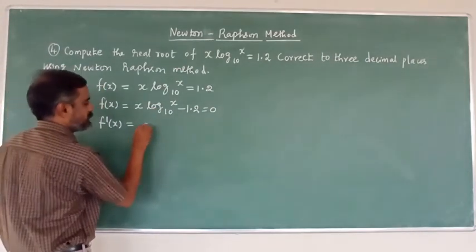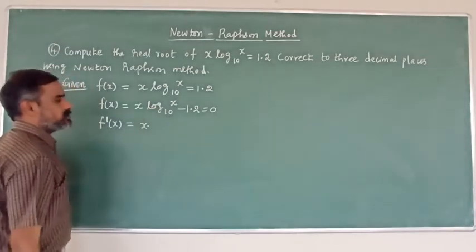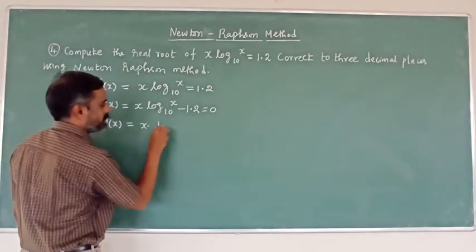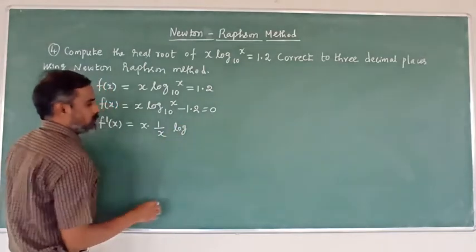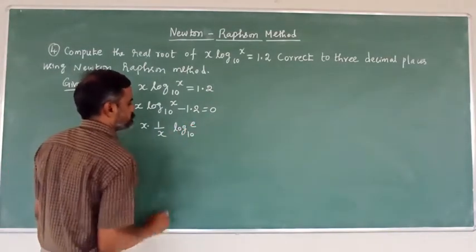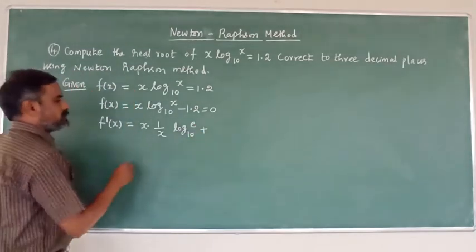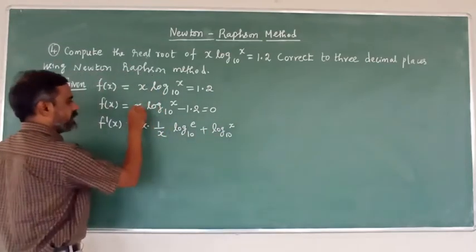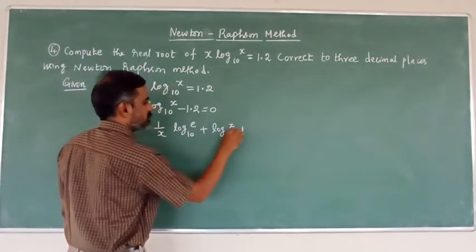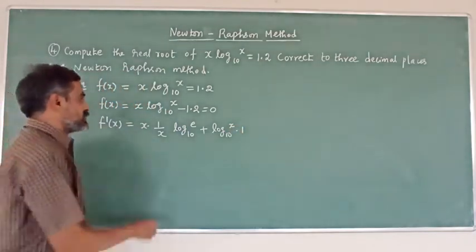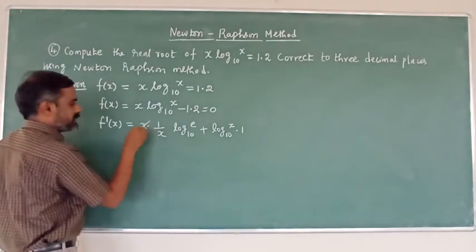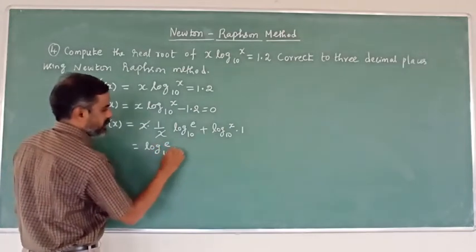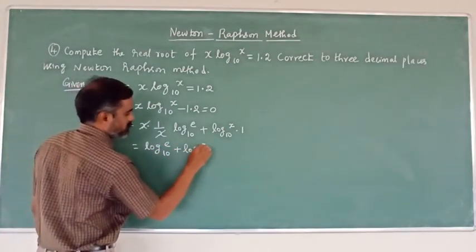Now fix x constant and differentiate log₁₀ x with respect to x, so we get 1 divided by x times log₁₀ e, plus we take log x constant and differentiate x with respect to x, we get 1. Now here x will be cancelled. Now log₁₀ e plus log₁₀ x.